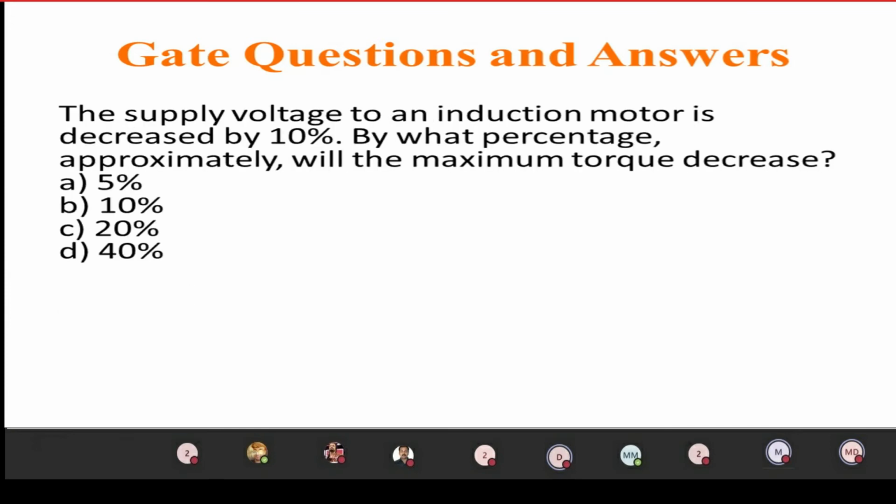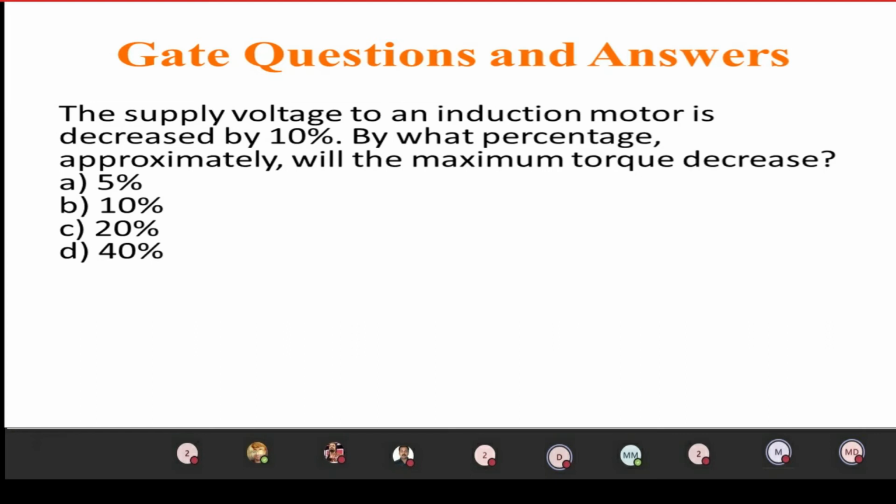Then let me move to the next problem. The supply voltage to an induction motor is decreased by 10 percent.